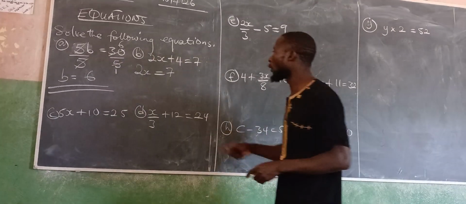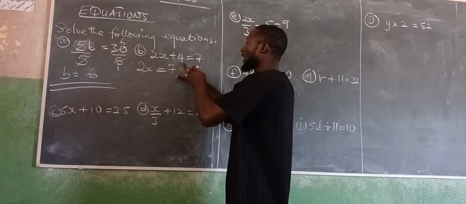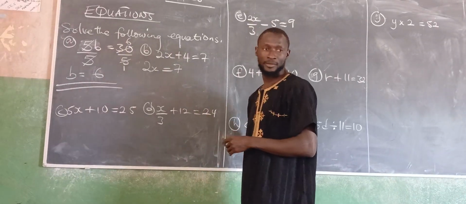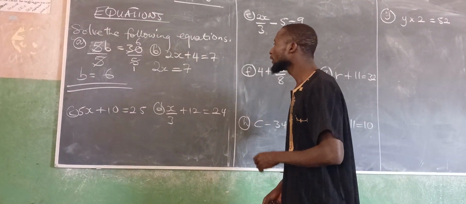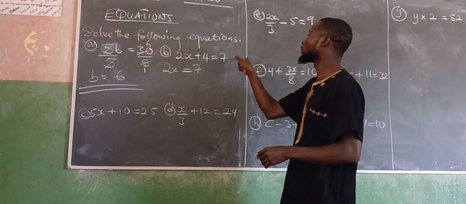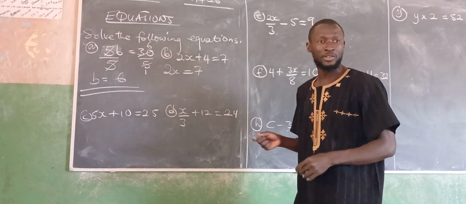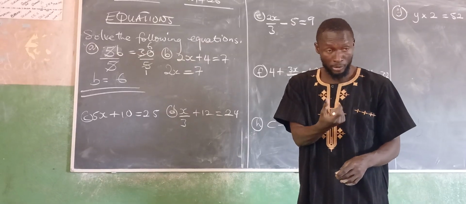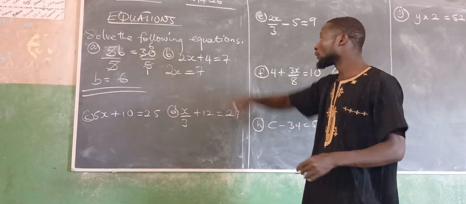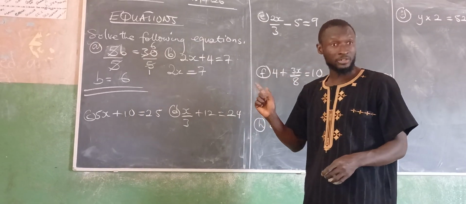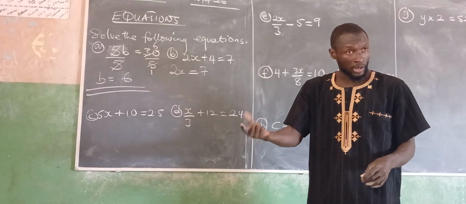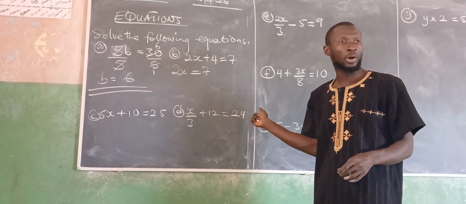Now if you look at 4, at the left hand side of 4, which sign do you have? Plus. So if this number has to move to the right hand side, the sign of the number will change. If the sign of the number is plus, when it moves it becomes minus. If the sign of the number is minus, when it moves it becomes plus.